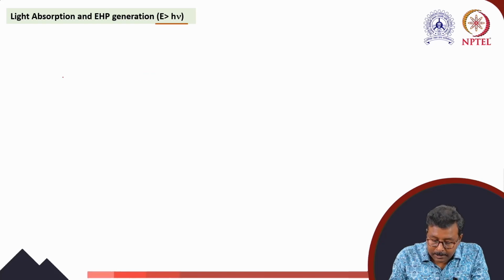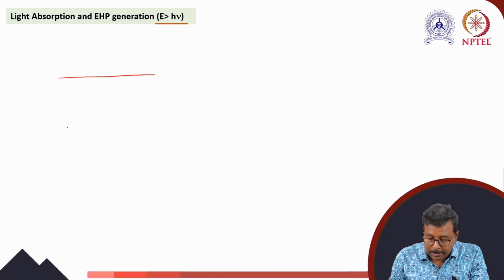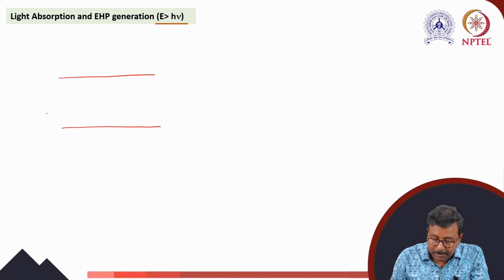Suppose this is the conduction band minima and this is the valence band maxima. Photon energy h nu is greater than Eg.